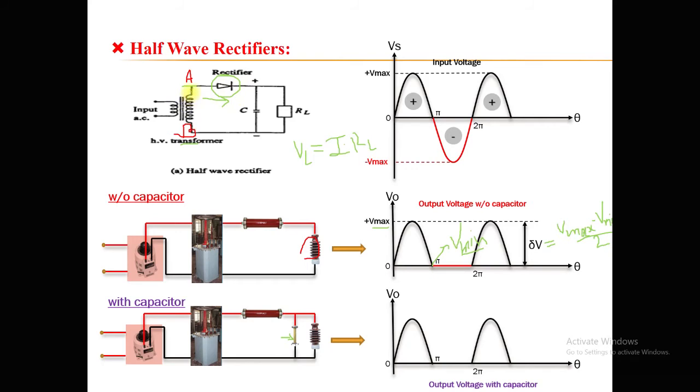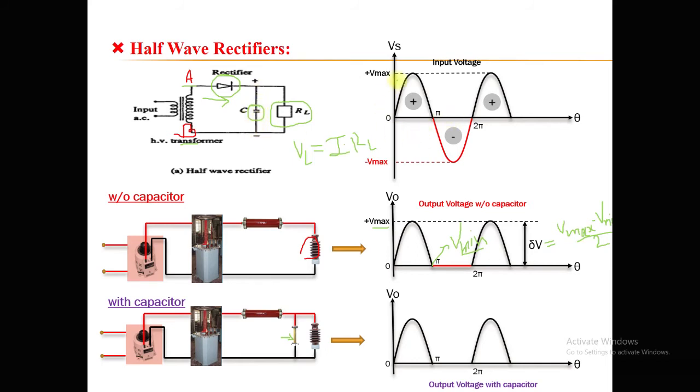Under this situation, the transformer secondary performs two duties. One, it will charge the capacitor to the Vmax value, and second, it will also supply load current to the load side. If we consider that the time taken by this input voltage to supply the load current is very small, then whatever energy has been supplied by this transformer is available to charge the capacitor only.